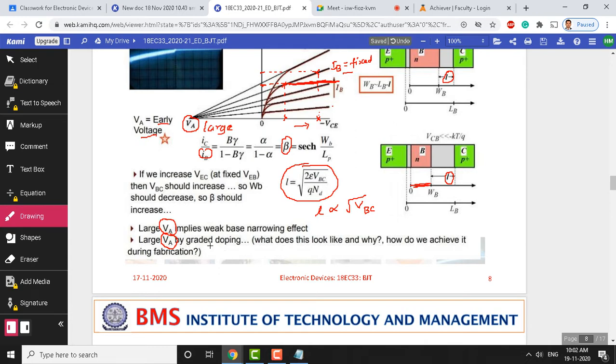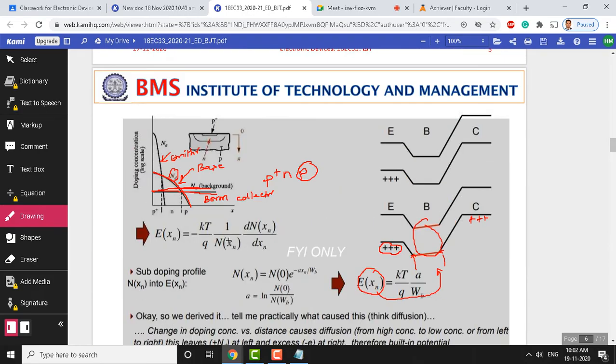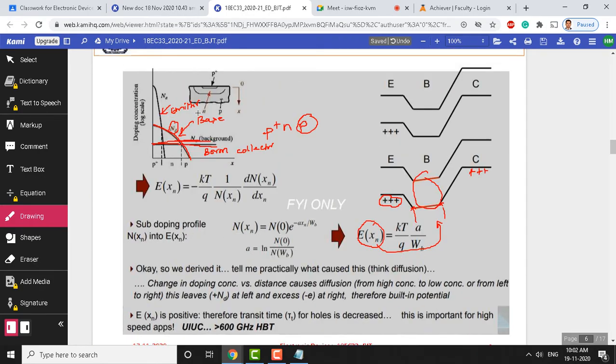If we choose graded doping to make the base region, emitter region and collector region, then VA can be increased to a larger extent. Larger VA means the collector current becomes independent of the collector emitter voltage. It is a very good amplifier. This can be achieved easily by graded doping. We have shown graded doping already in this profile. This is called graded doping here.